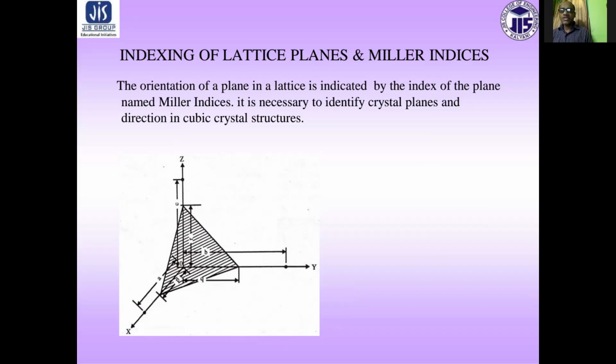For example, the 6 faces of a cube have indices 100 in one face, 010 in another face, 1 bar 00, 0 1 bar 0, 001 and 00 1 bar. These are the planes of a form and are indicated by {100}.